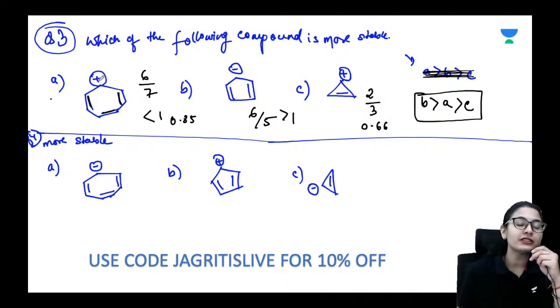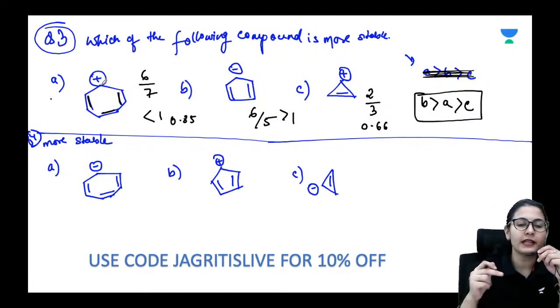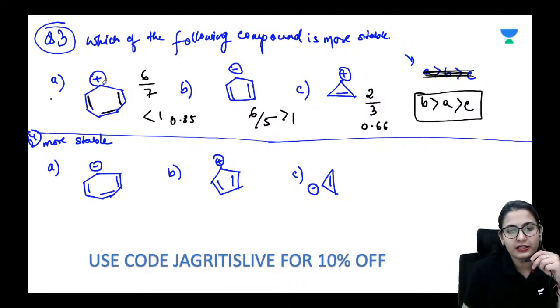Yes, प्लस चार्ज के लिए माइनस नहीं करेंगे because obviously you don't have any electron density, but then you have a vacant p orbital. So the vacant p orbital is only going to help in the delocalization, and it is going to make the system planar. ठीक है, इसीलिए we are considering 6 pi electrons. So 6 pi electrons के लिए A is going to be less aromatic than B, which is also having the 6 pi electron. Alright, like this.